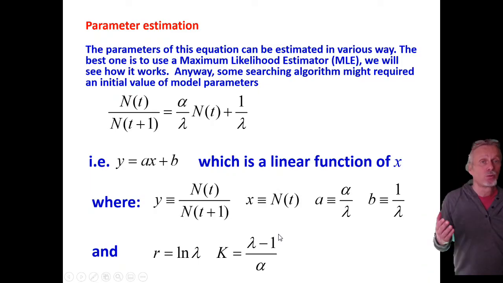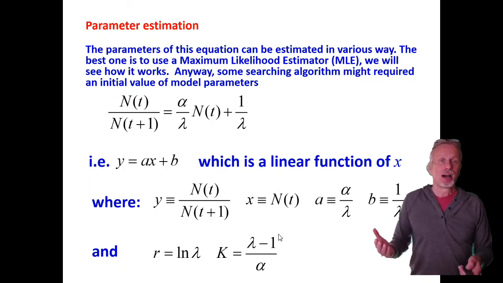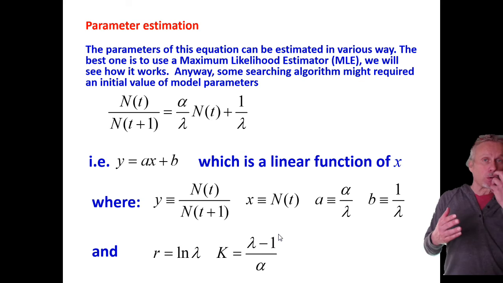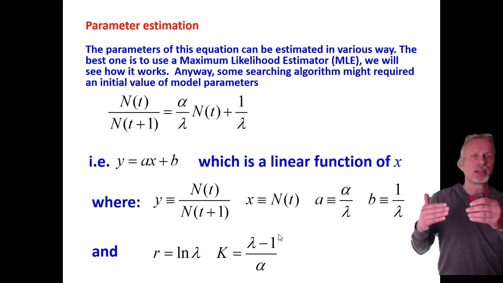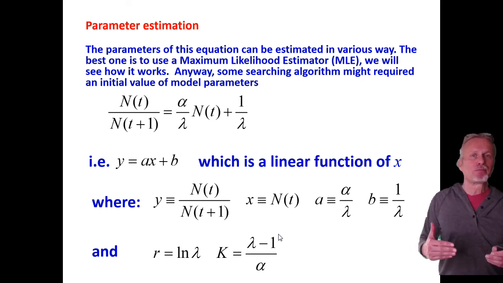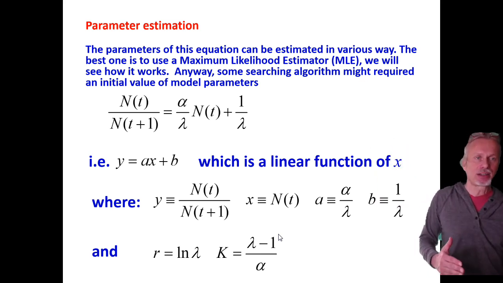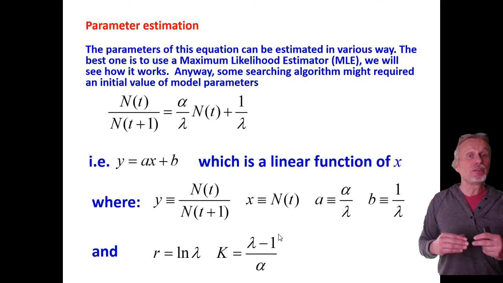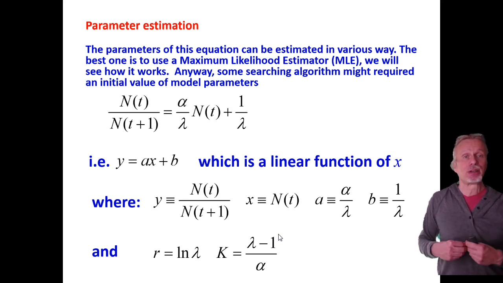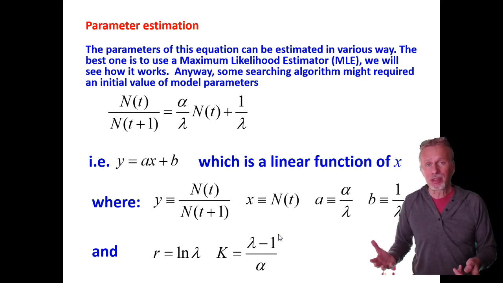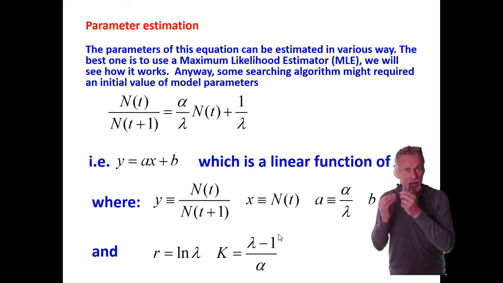And so we can compute Nt divided by Nt+1 and plot this new variable, the y variable, on the vertical axis, and Nt on the horizontal axis. If the population is following logistic growth, it will fall on a nice straight line.